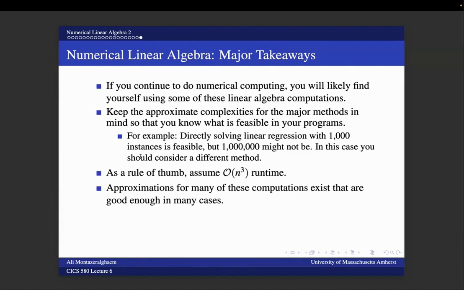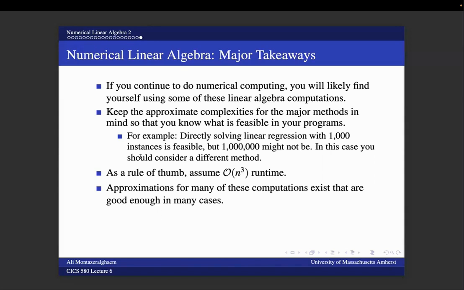For example, linear regression with 1,000 instances is feasible, but if you have 1 million instances, maybe you cannot do that with generic linear regression, and in this case, you need to consider different methods.